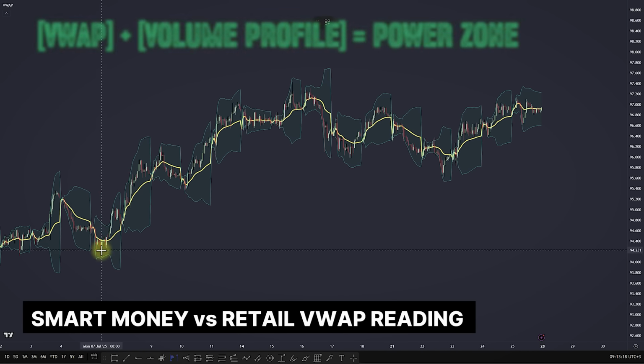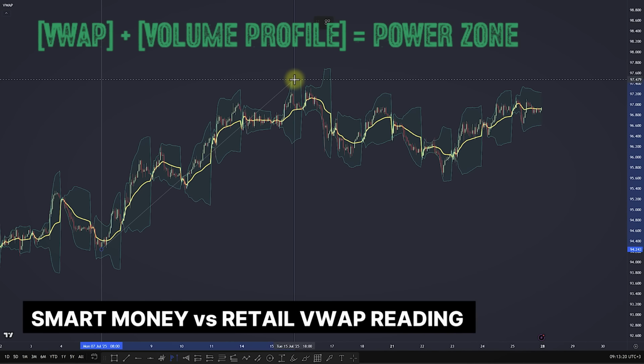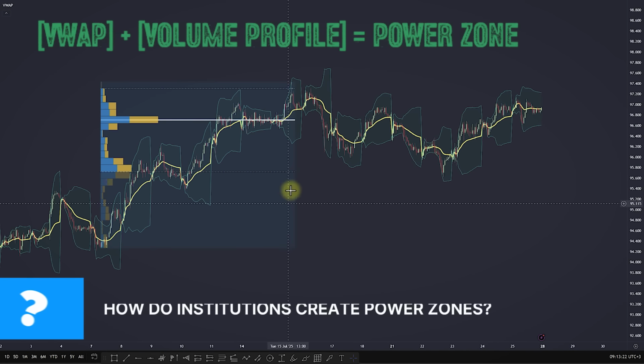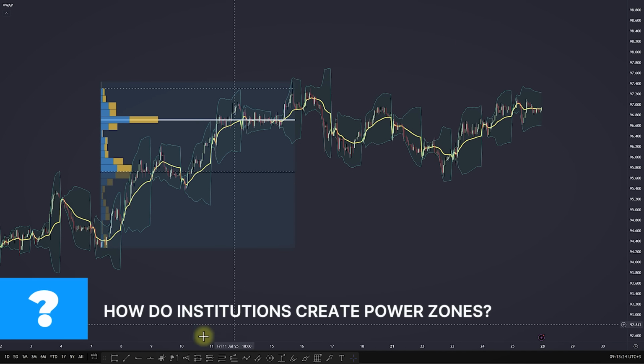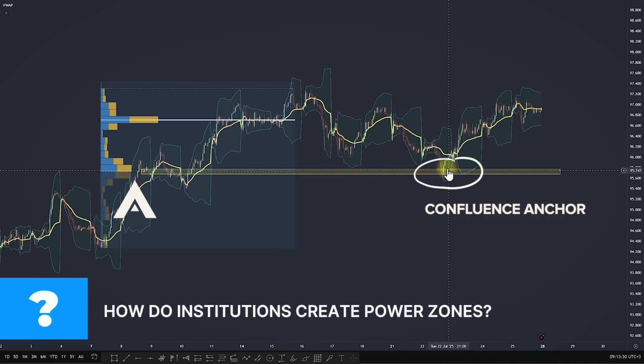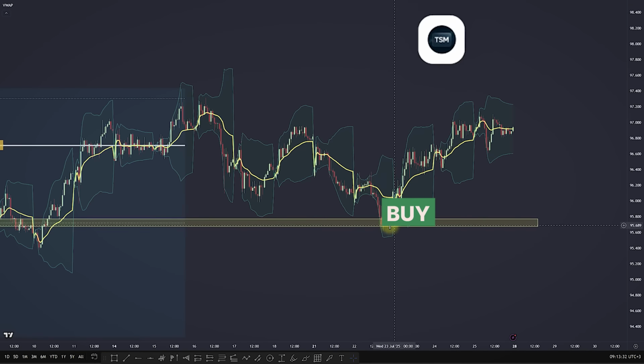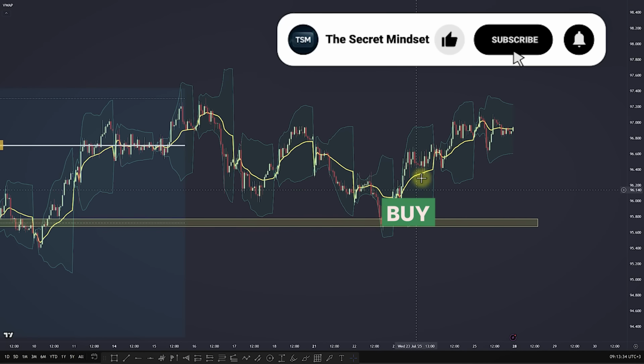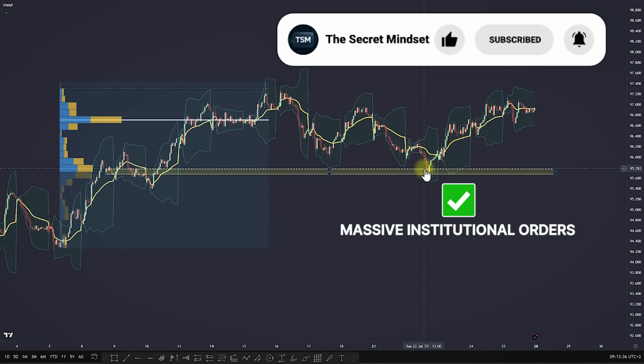They combine it with volume profile to create power zones. Here's how it works. When VWAP intersects with a high volume node from the volume profile, you get what institutions call a confluence anchor. This isn't just any VWAP level. This is where massive institutional orders are likely sitting.